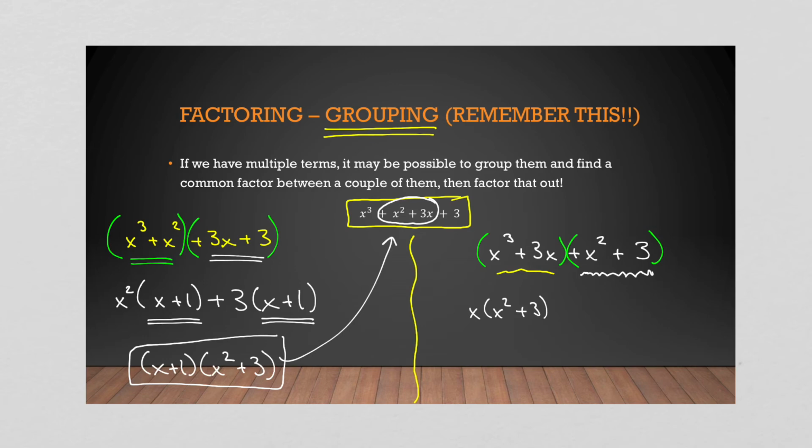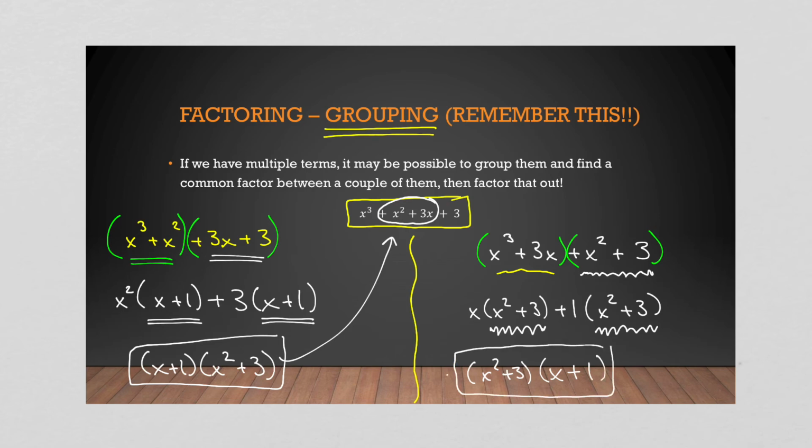But you do, it's just the number 1. So you can factor out a plus 1, because you'll notice what that leaves is still a x squared plus 3. What that does is that gives me a common binomial here still, and it allows me to factor it out and still be left with an x plus 1. And you'll see that the 2 answers here are exactly the same, just order is reversed.